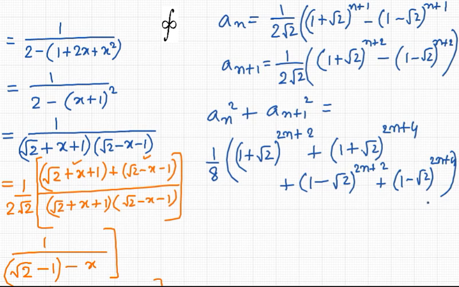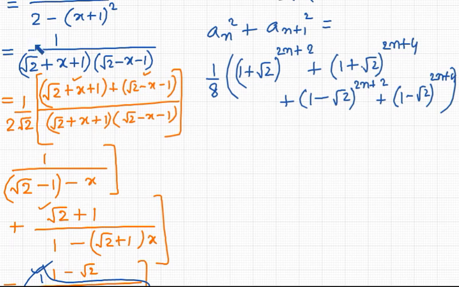Because you can easily check that the cross term on squaring, that is the 2ab term, so a square plus b square minus 2ab, and similarly minus 2ab, those two terms will cancel out on adding.